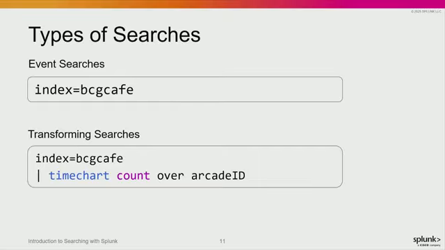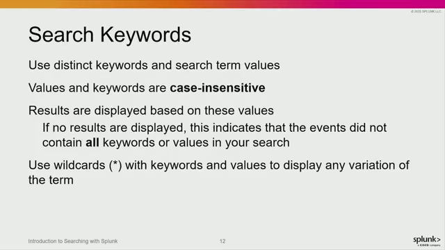And we can see that this command starts with time. So we're trying to see how many events have occurred over time per arcade ID. Now, this is a more complex search, but the idea here is that we're no longer concerned with just one event or looking at a list of events, and instead we're performing statistical calculations to identify big picture trends. So let's get started with running some searches.